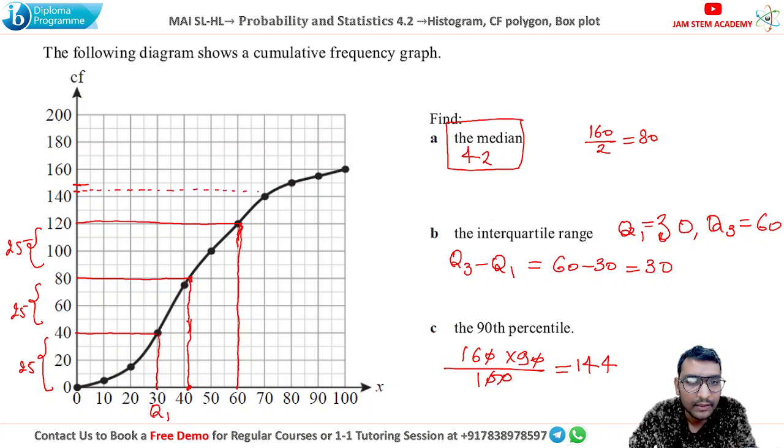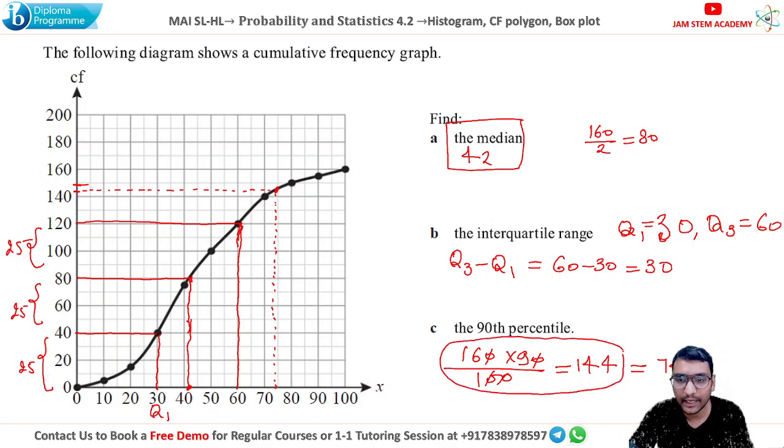Corresponding to that, we have a point here, and corresponding to that point, we can draw a vertical line which is approximately 74, or you can say 75. That's okay. You take 74. Okay. So at this point, the 90th percentile is coming out as 74. So in this way, you can find quartiles, median, interquartile range, or any percentile they give you.